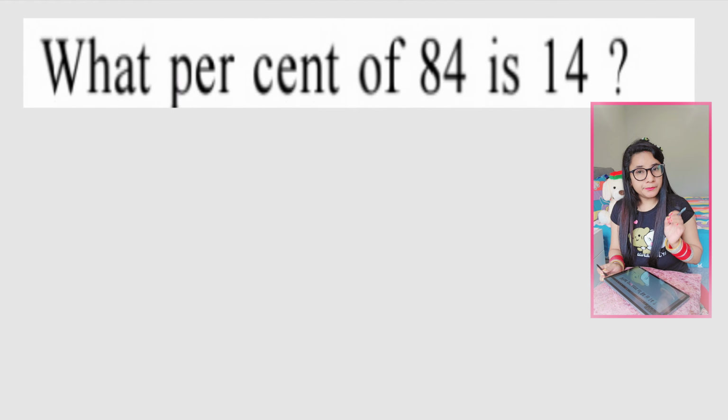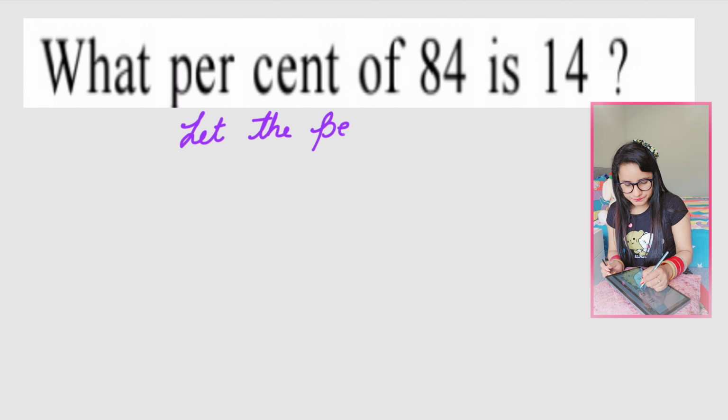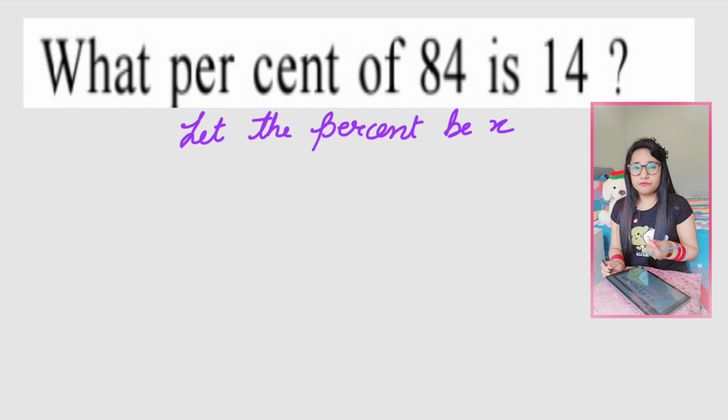Now here is one more pattern of question. The question is, what percent of 84 is 14? Again, what percent? We don't know that percent. So let the percent be x. Whenever we don't know anything, we always suppose it as x.